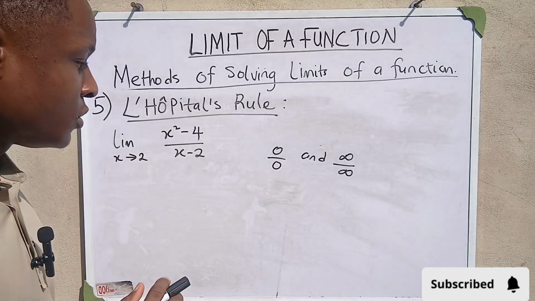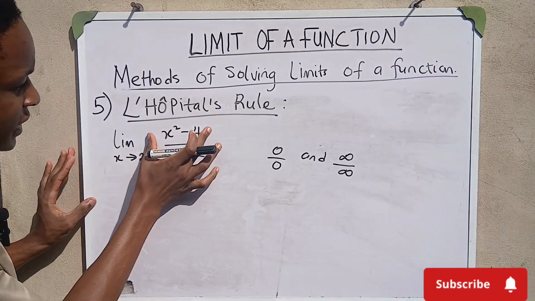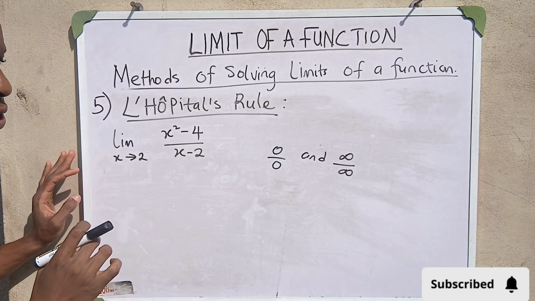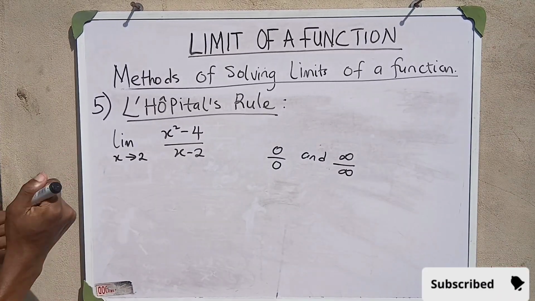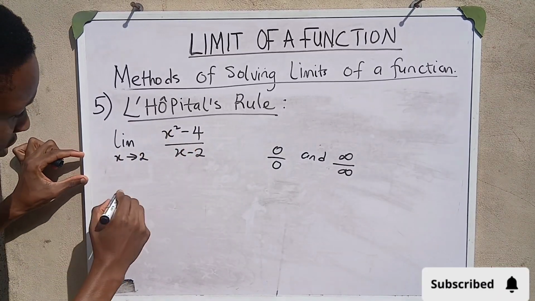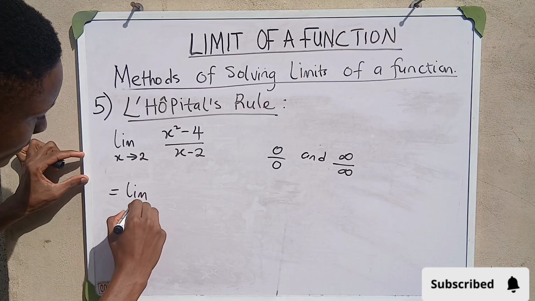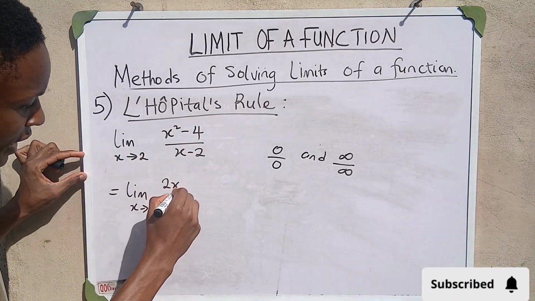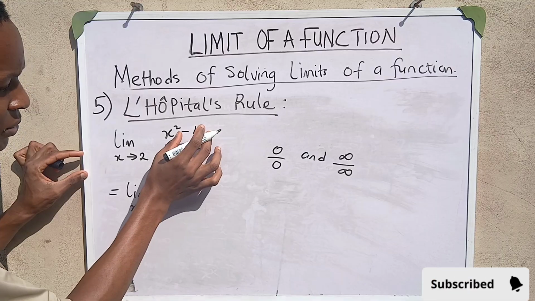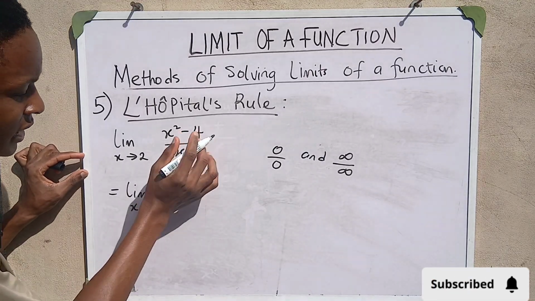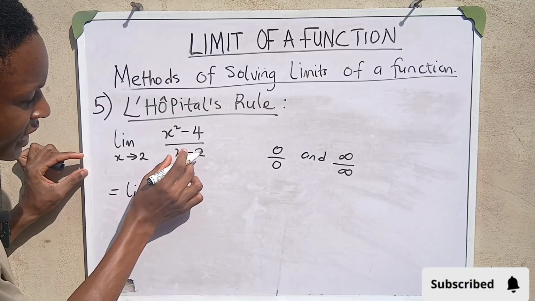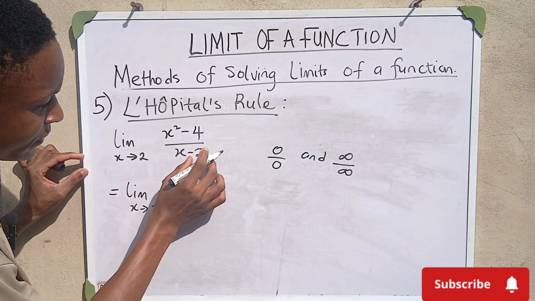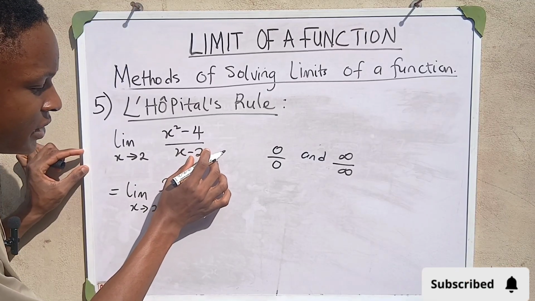So in L'Hopital's rule, what we do is differentiate the function. So how do we differentiate this function? When we differentiate this, we'll be having 2x. And when we differentiate this constant, we'll be having 0, so no need of adding it. So when we differentiate x, we'll be having 1. And when we differentiate minus 2, we'll be having 0.